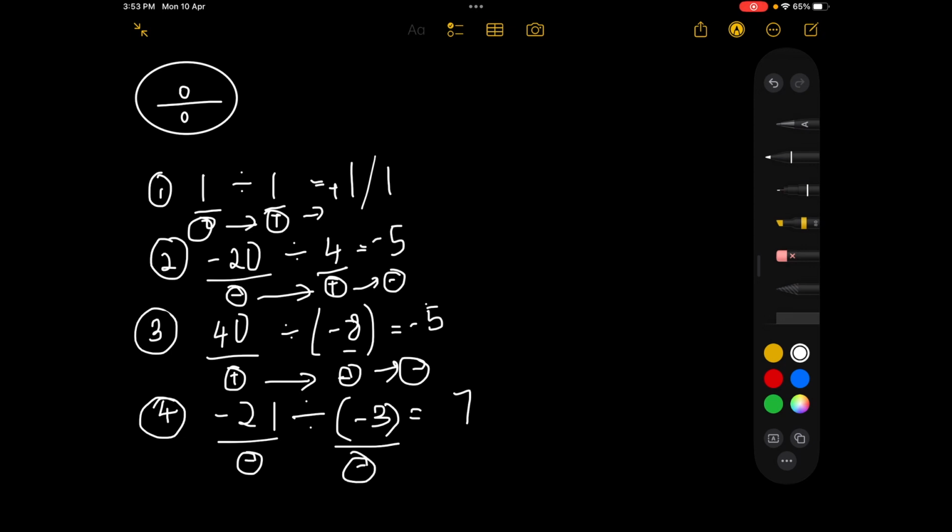So as per the rule, same signs positive and different signs negative. Minus minus, which are negative and negative, are obviously the same signs. So the answer has to be positive. So you can write either 7 or positive 7. Both are the same thing, no difference. And that's all for division.